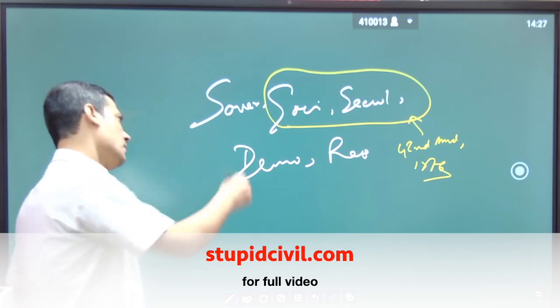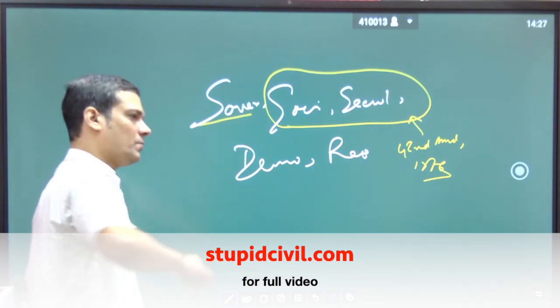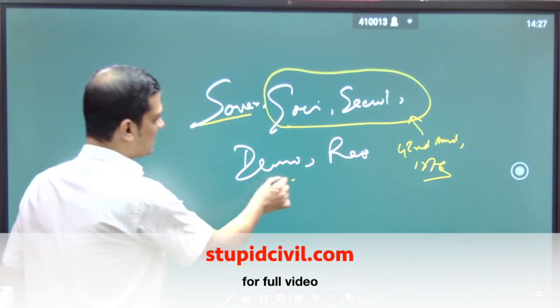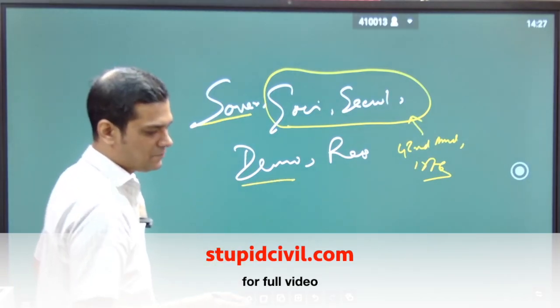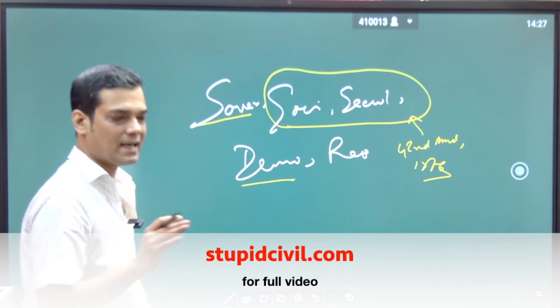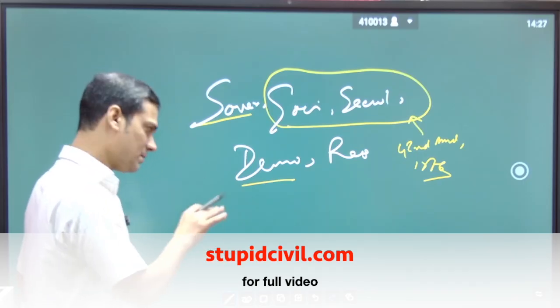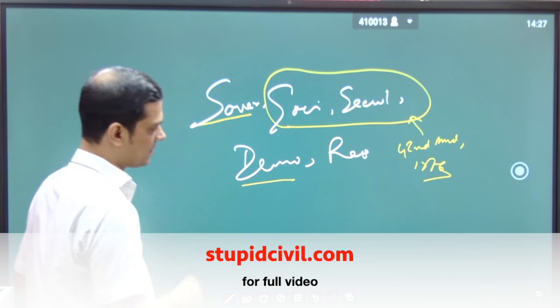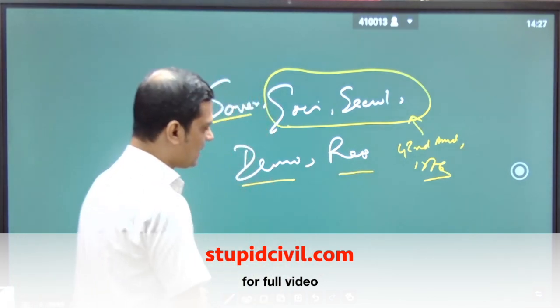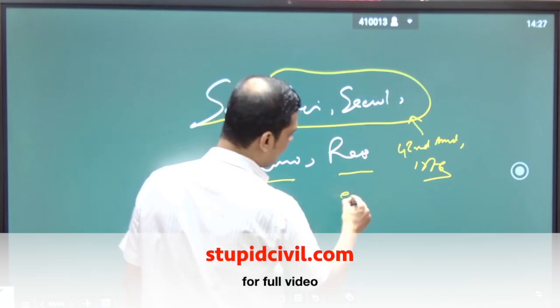So when India got independence, sovereignty was there. Now India was a democracy itself. In the Constituent Assembly, you have seen that representation was there. Maybe it was indirect, but representation was there. That means one trait of democracy. So democracy.